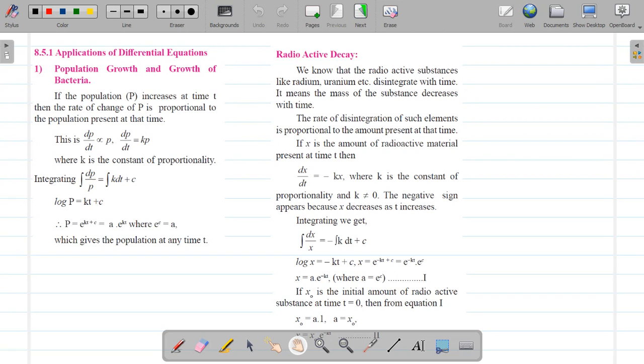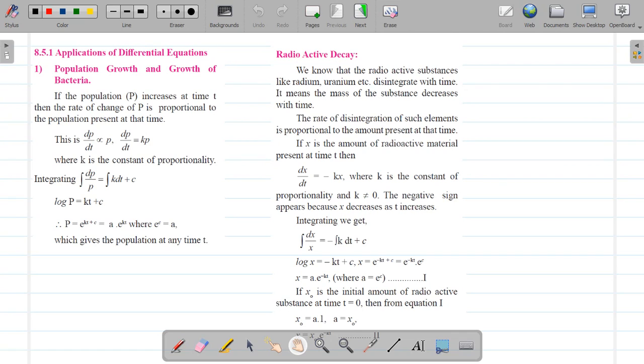Hence the integration of 1 upon P is log P, and it is equal to K into t, where K is constant and integration of 1 is t, so K into t plus C, where C is the integration constant.